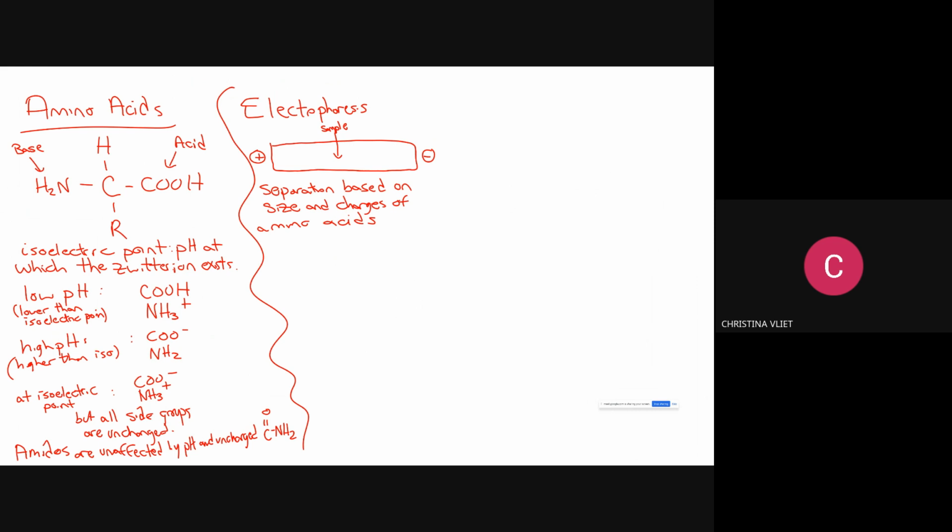So the idea is that the negatively charged ions will move towards the positive plate, the positive side, as electricity is flowing through. Positive ends, better way to say it. Positive ions move toward negative ends.